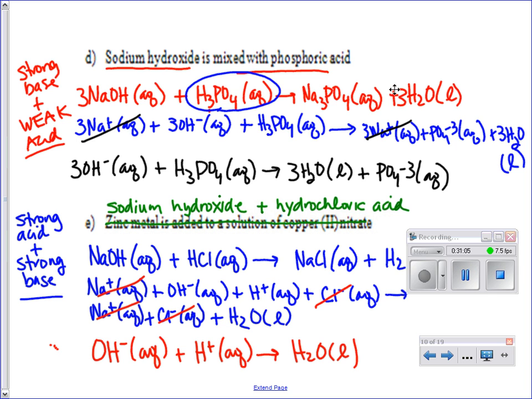So you see how that does not at all resemble this? So be careful with that whole strong, strong thing. It's got to be strong, strong in order to assume it looks like that.